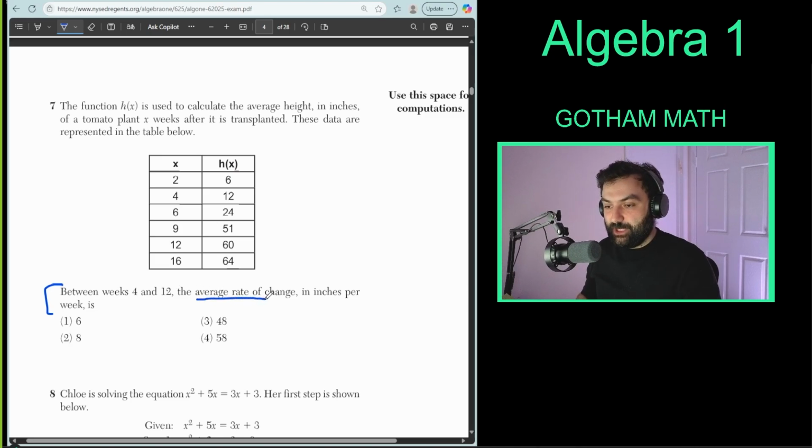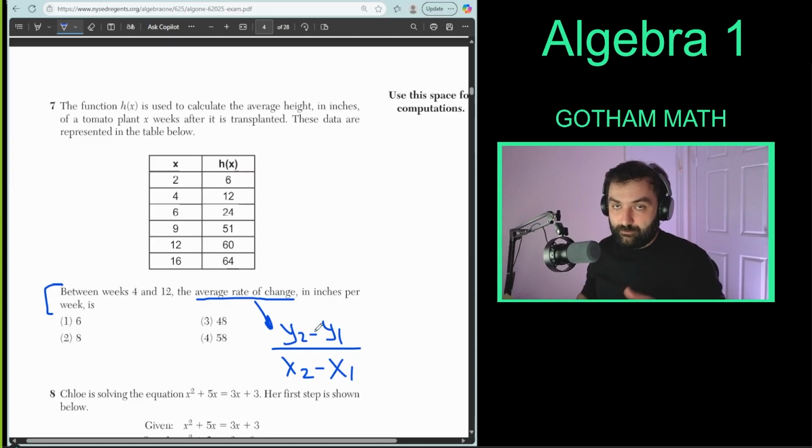Average rate of change should be something that you know really, really well how to do. Why? Well, because it comes up a lot. So you need to know the formula: y2 minus y1 over x2 minus x1. And yes, this is something that you do need to know. Some things you don't have to know to get a right answer, but this you do need to know.